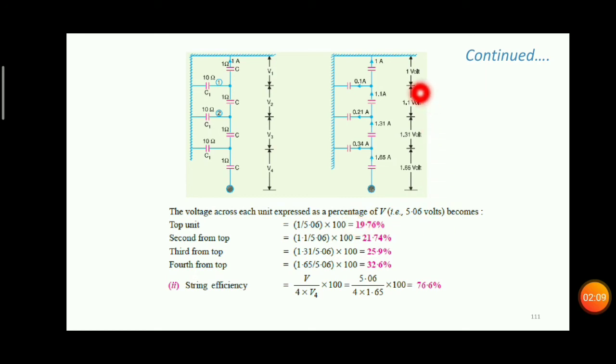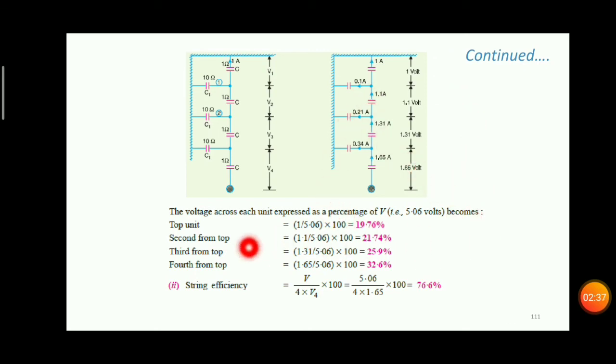Second unit is 1.1 by 5.06 into 100, 21.74%. Third unit is 1.31 by 5.06 into 100, 25.9%. And the fourth unit is 1.65 by 5.06 into 100, 32.6%. So we have found the voltages as a percentage of total voltage for each unit.